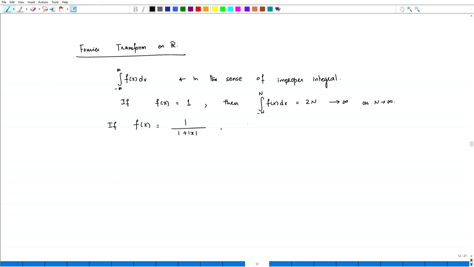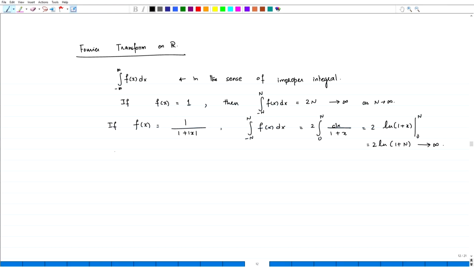In that case also, the integral of f of x dx is equal to 2 times the integral from 0 to n of 1 over 1 plus x dx, which is equal to 2 times ln of 1 plus x from 0 to n, which is twice ln of 1 plus n, which again goes to infinity. So, even if we have a continuous function with a certain amount of decay, it may not be integrable over all R.